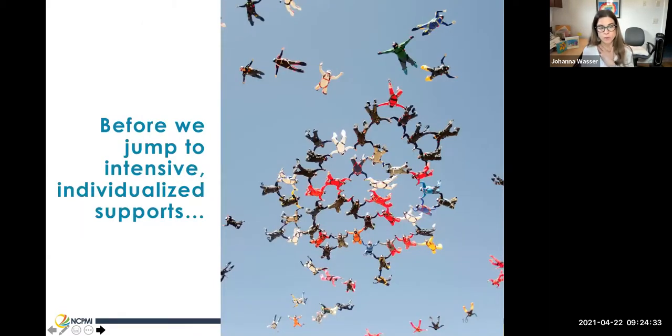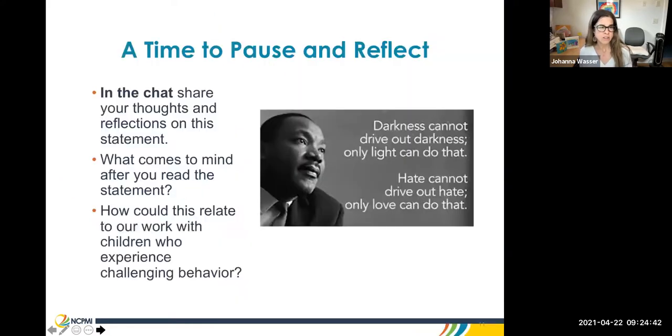Okay, so before we jump into intensive individualized intervention, we should consider a few things. And one of the things that I just want you all to do is just do a little reflection. And in the chat, you can share your thoughts after reading this quote from Martin Luther King Jr. Darkness cannot drive out darkness.